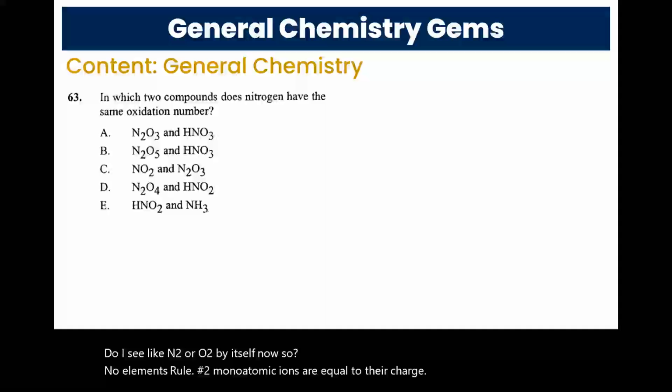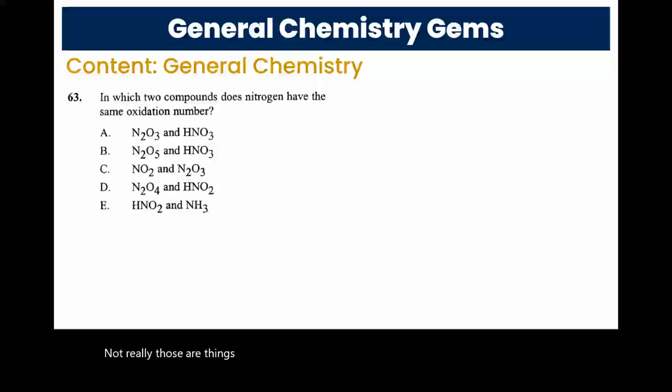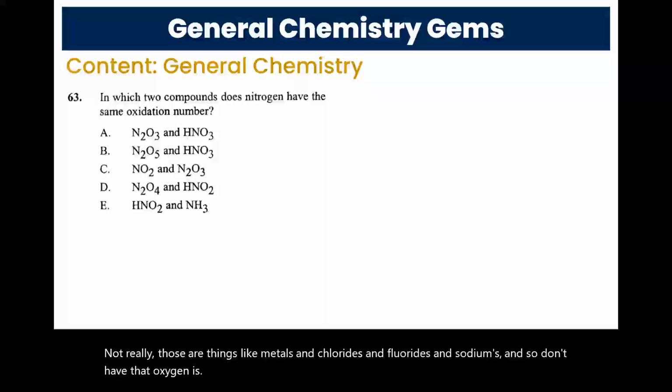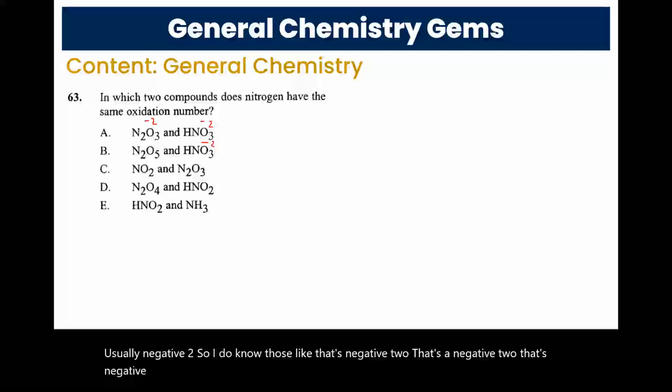Do I have any monoatomic ions in here? Not really. Those are things like metals and chlorides and fluorides and sodiums. So I don't have that. Oxygen is usually -2. Like that's -2, that's -2, that's -2, and so on.